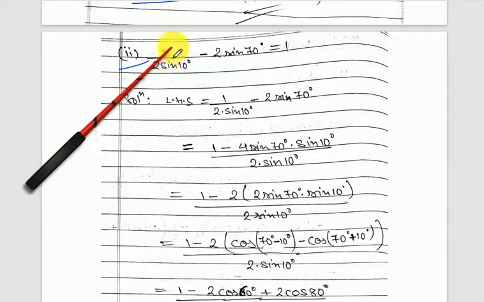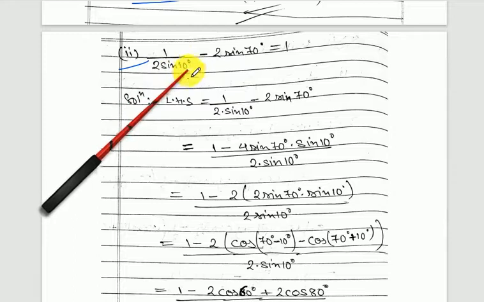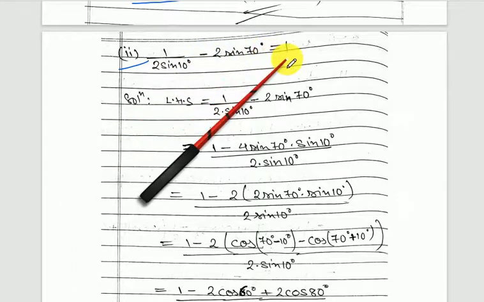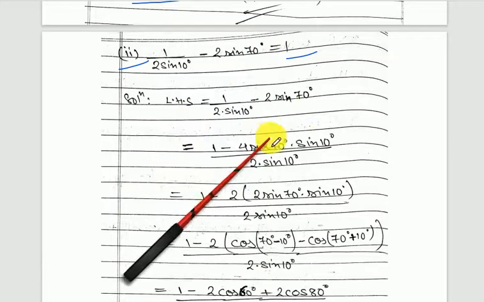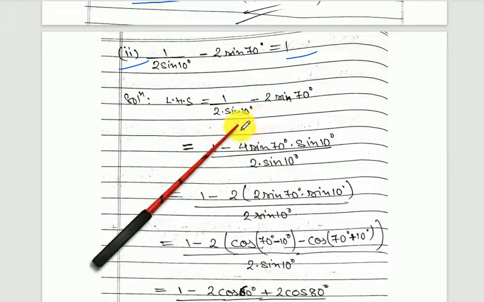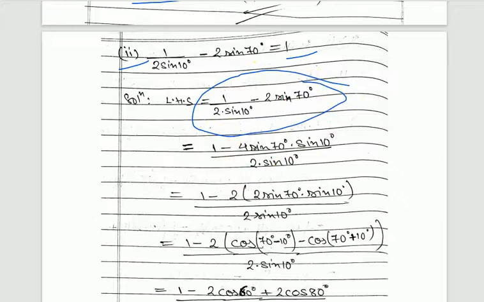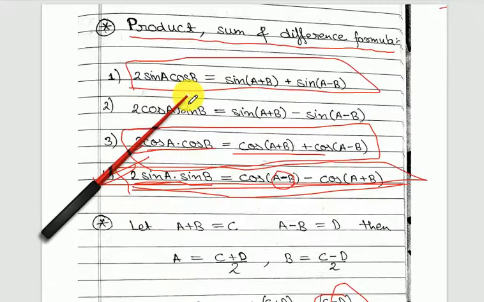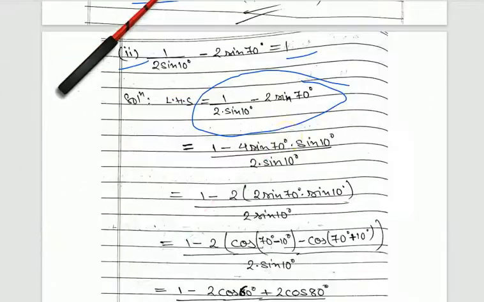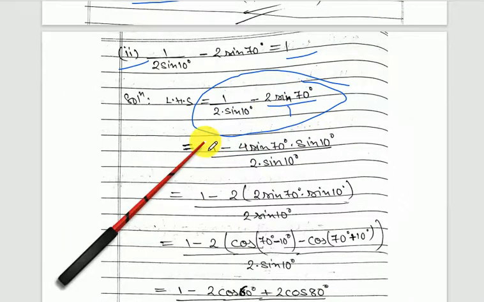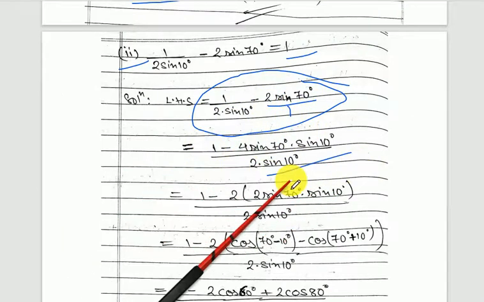Number 2, 1 upon 2 times sin 10 degree minus 2 into sin 70 degree is equal to 1. So start with left hand side. Right now we cannot use any of this formula. So what we'll do is we'll take LCM first, so we get this.